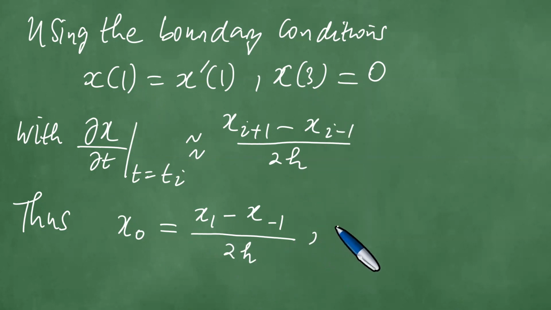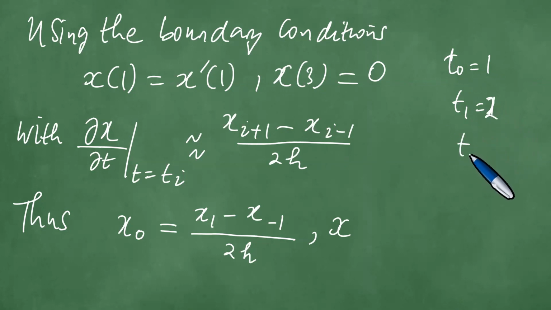But this one now is x at a corresponding, so it's x at what? t0, t1, you add a 1, you get 2, and then t2, you get a 3.